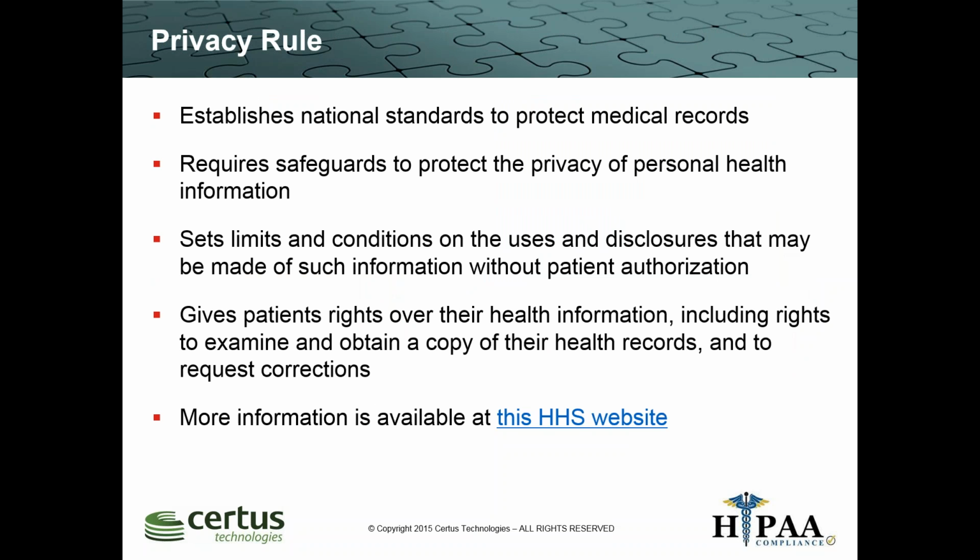It basically sets the expectation that personal medical records must be protected and kept private, and that they may not be disclosed to anyone without patient authorization. Makes sense. And by the way, that website that I put here has more information, and when you receive the presentation, the slides, you'll be able to click through to that website if you'd like to get more.